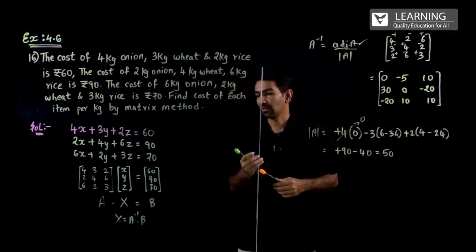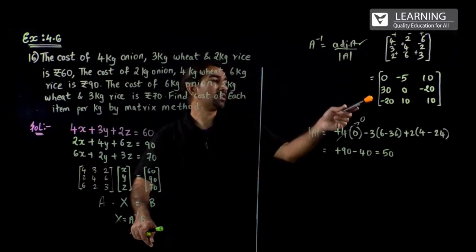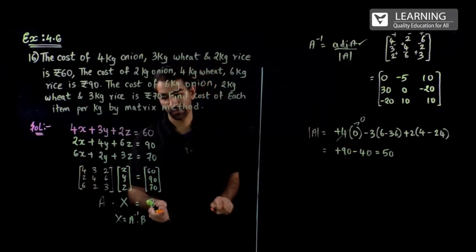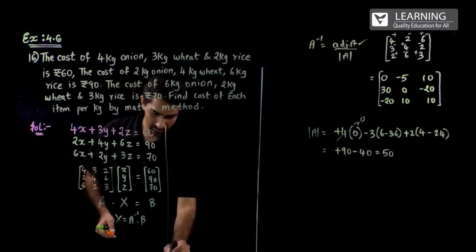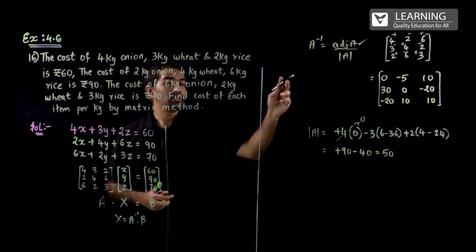So now moving on to the next one, what we have to find out? A inverse into B, right? A inverse is nothing but adjoint of A divided by determinant of A, which is 50. So we'll find out the inverse of A first.